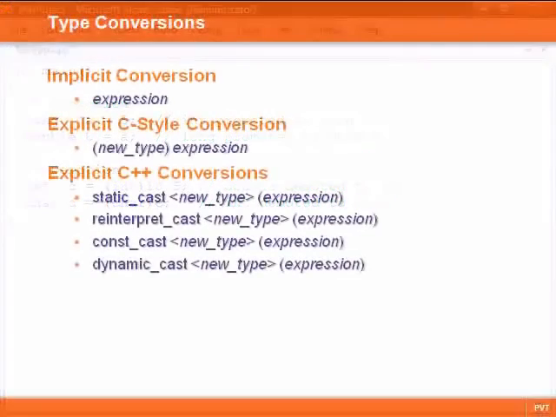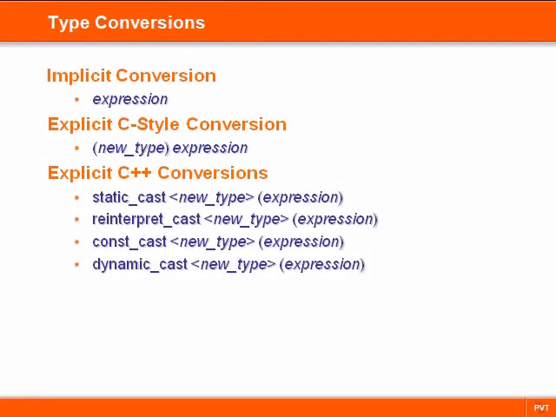In order to get more control over the different types of conversions that are possible, C++ introduced the four new style casts. These are static, reinterpret, const, and dynamic cast. Their format is to follow the cast name with a new type enclosed in angle brackets, and thereafter the expression to be converted in parentheses.